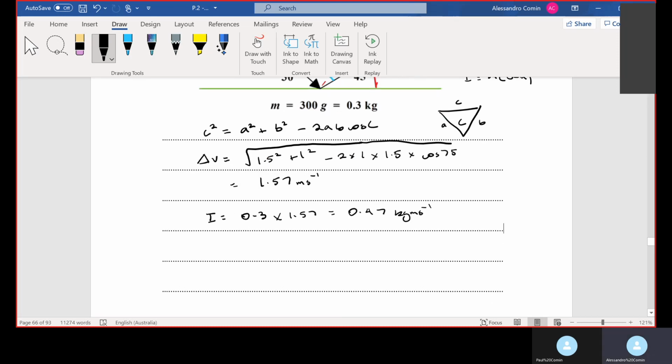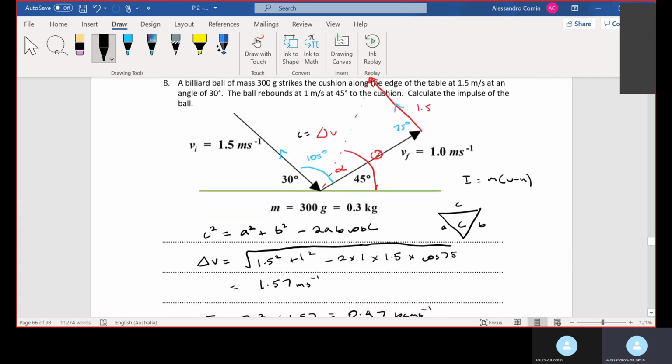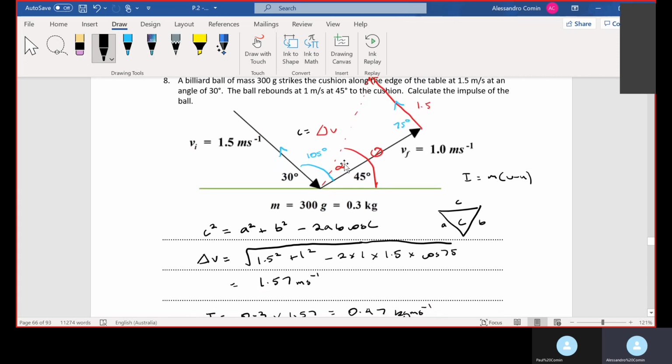And the angle is given by the sine rule. The sine rule is sine A on a is equal to sine B on b, which is equal to sine C on c. I'm just going to use sine A on a is equal to sine C on c, because I said that a is 1.5 and we want to find this angle here, and we already know the angle C is 75 degrees.